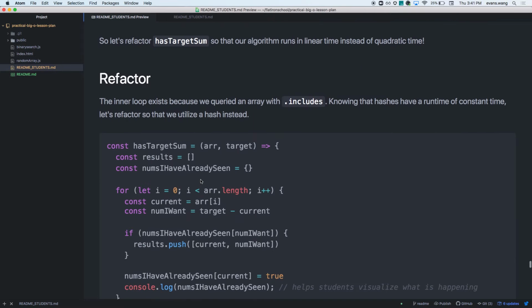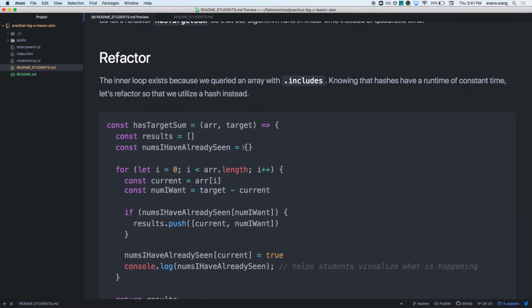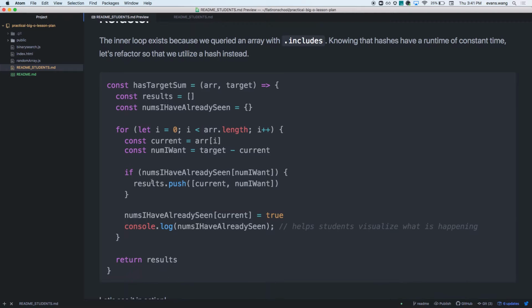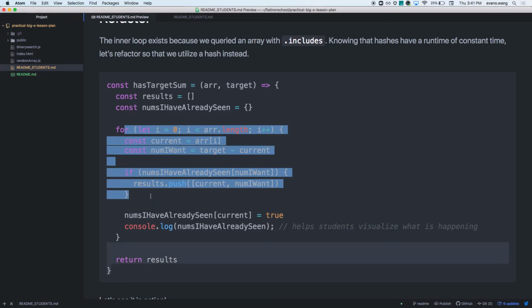So if we refactor our code and use an object instead of an array, if I run through it and it doesn't work, say I have an array of 7, 8, 9, 10, and I'm looking for 10, the first thing I get is 7. Is 7 what I'm looking for?